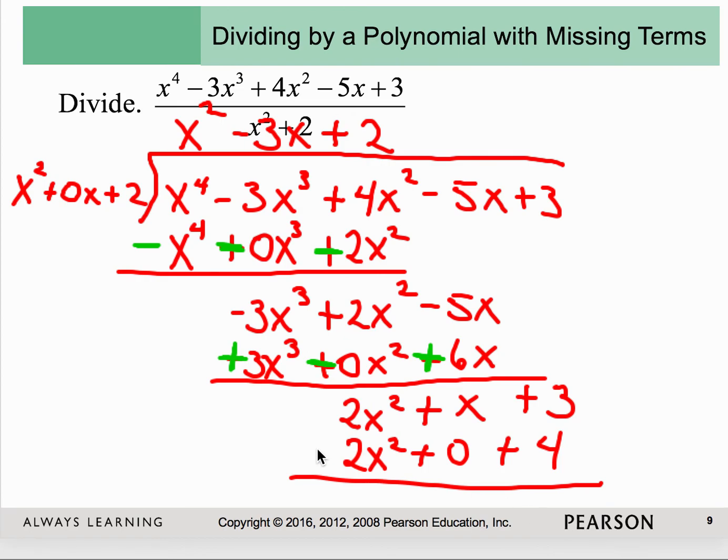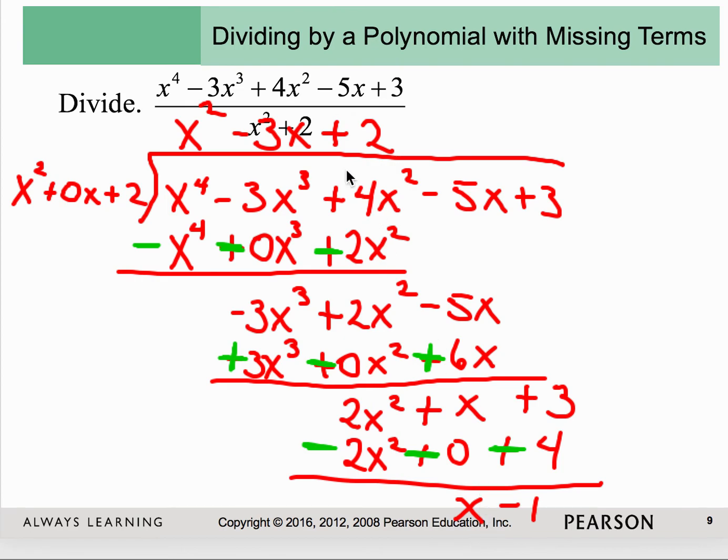Change your signs. Okay, so that's 0. X minus 0 is x, and 3 minus 4 is negative 1. Now, there's nothing left to bring down, so this is my remainder.